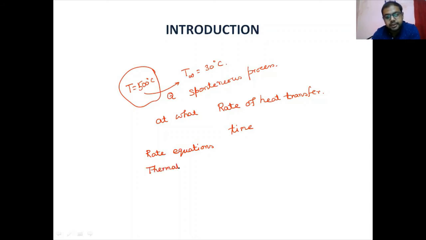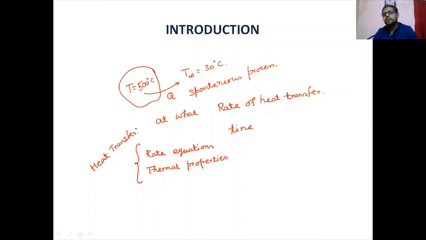So in the heat transfer subject, we will see the rate equations and as well as the thermal properties. Some dynamic properties also we'll see. With these two, the subject comes as heat transfer.